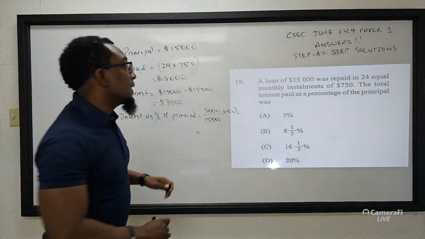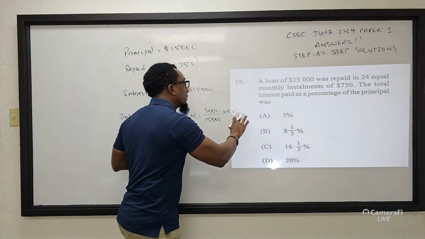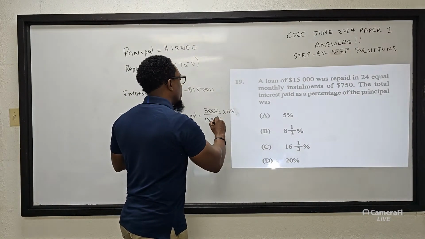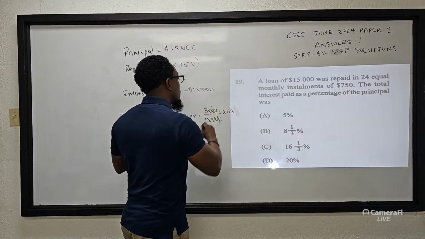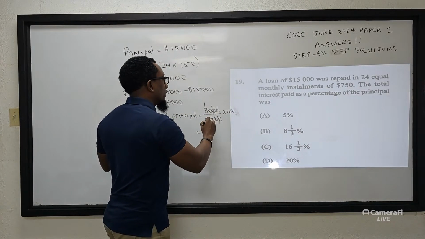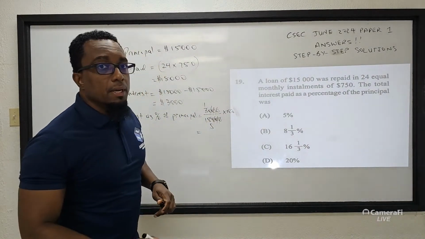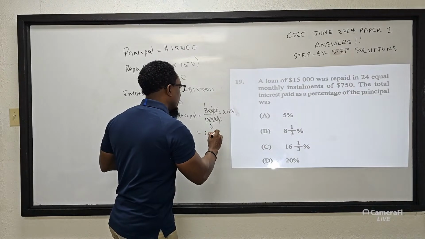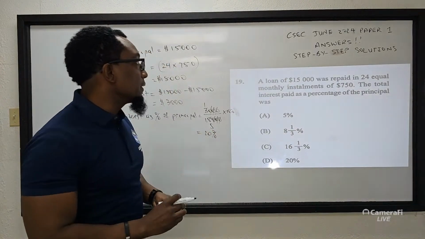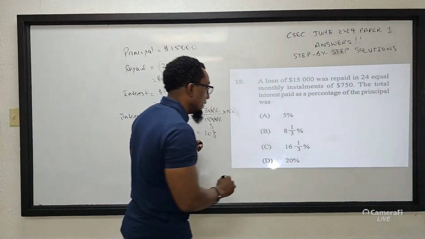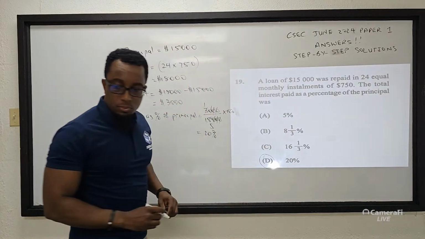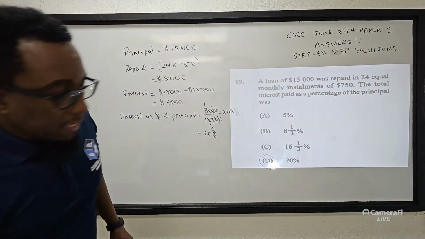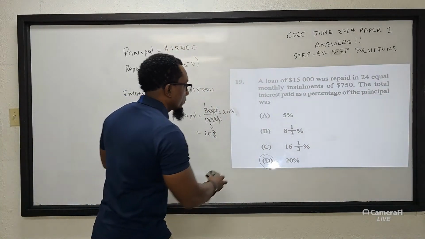And let's see what we're going to get. This becomes 0 goes 0 goes 0 goes. 3 into 3 is 1, 3 into 15 is 5. 5 into 100 will give us 20. And that's 20%. So question 19, the answer there is D. So 19D. So let's look at question 20.